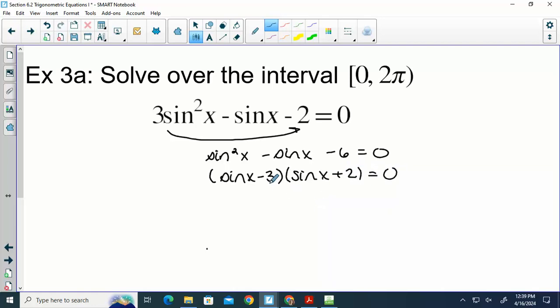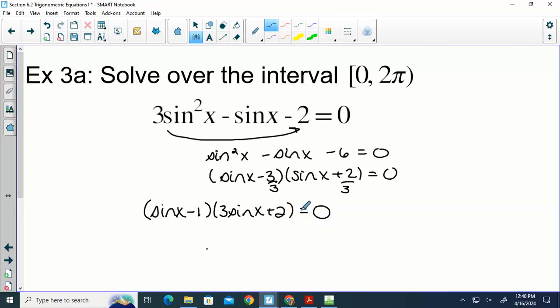And then we start out multiplying by 3, so we divide by 3. And so now we have successfully factored it.